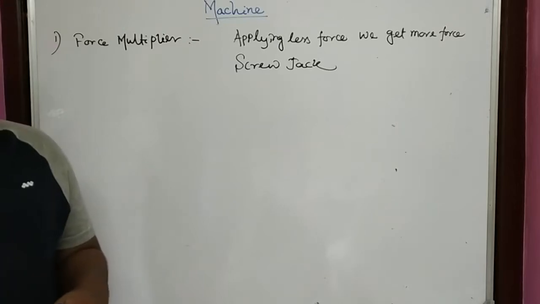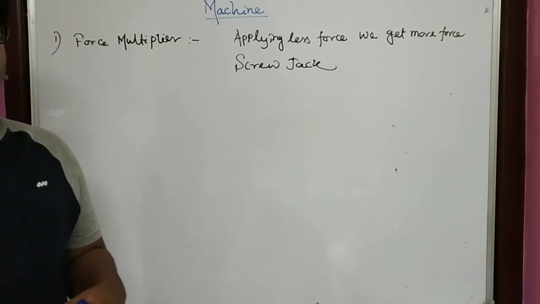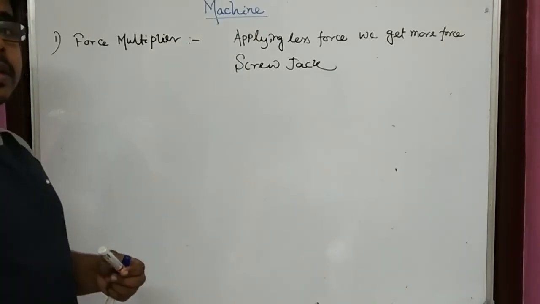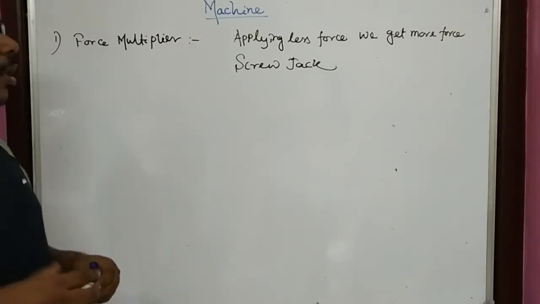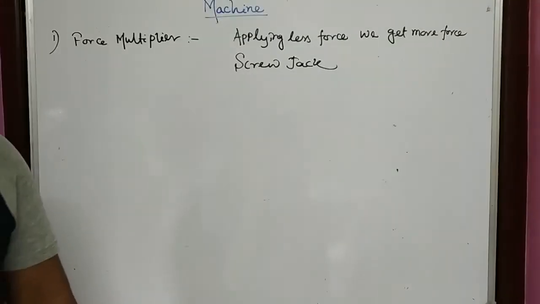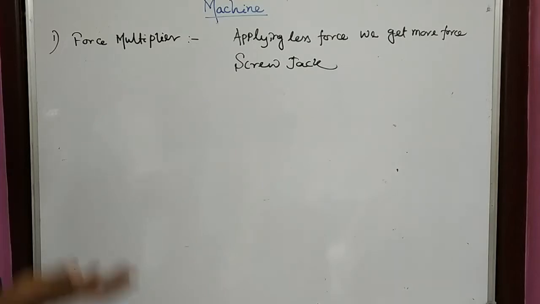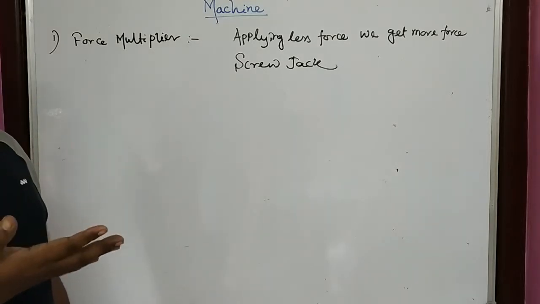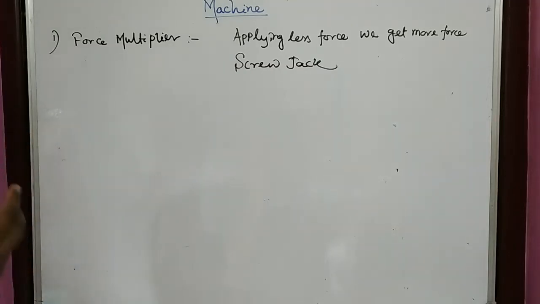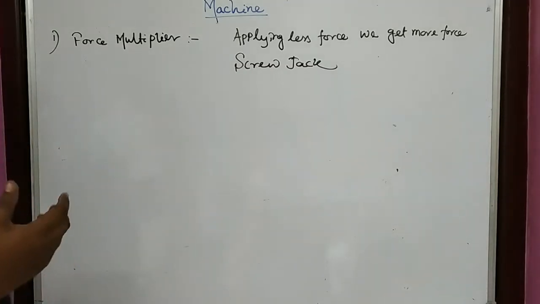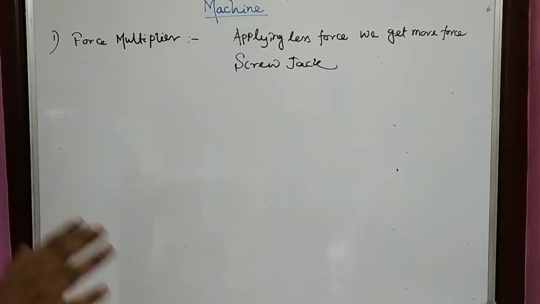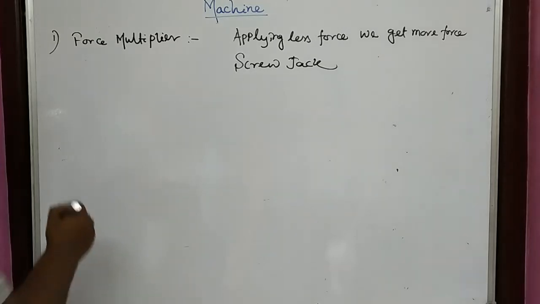You have to lift that portion, but it is not possible for a person to lift a car, so it is lifted by a screw jack. By applying less effort we can lift the car. That's why it is known as force multiplier. Your force is multiplied, so you can create a large force by applying less force.